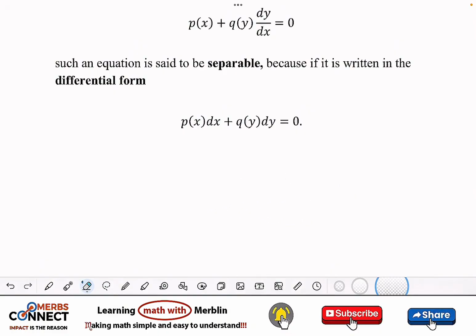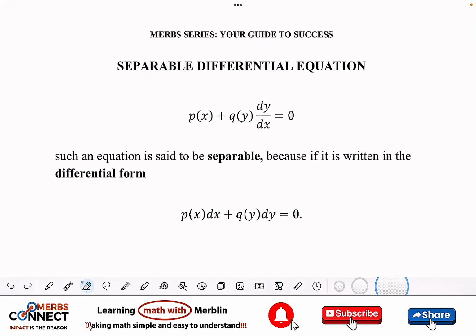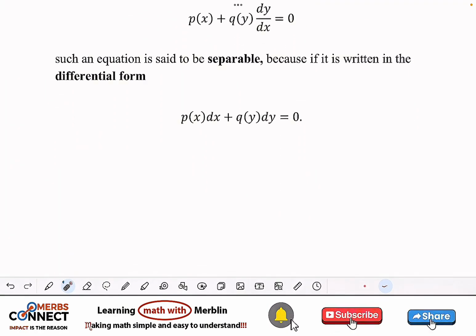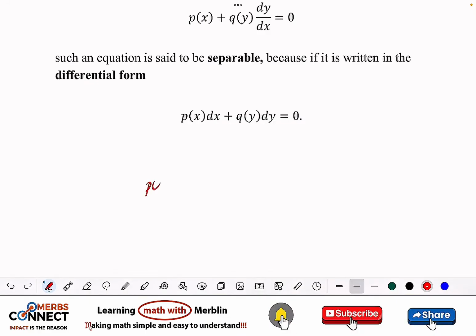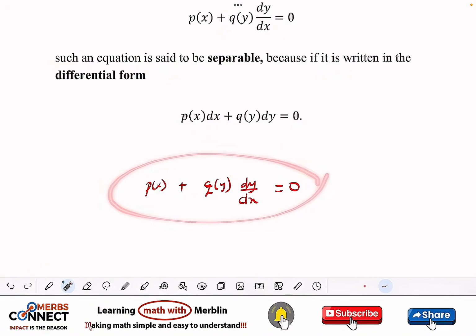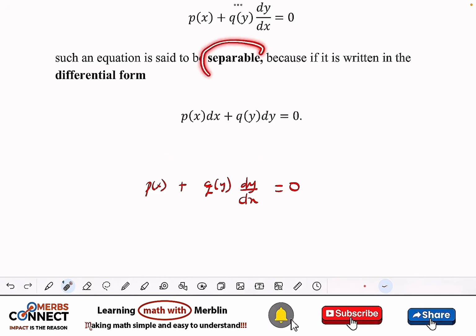What we need to know is that with a separable differential equation, we should be able to write it in the form p of x plus q of y dy over dx is equal to 0. If I'm able to write it in this form, then the differential equation is said to be separable. It means that we can write it in that form.